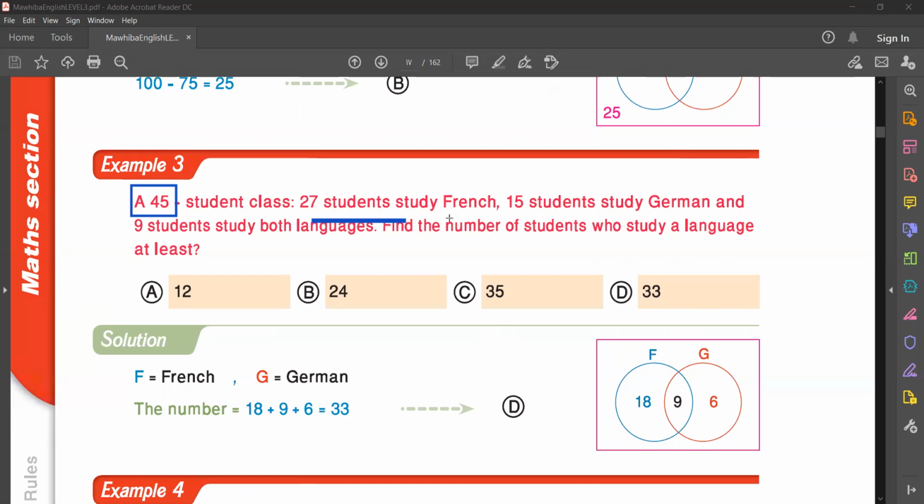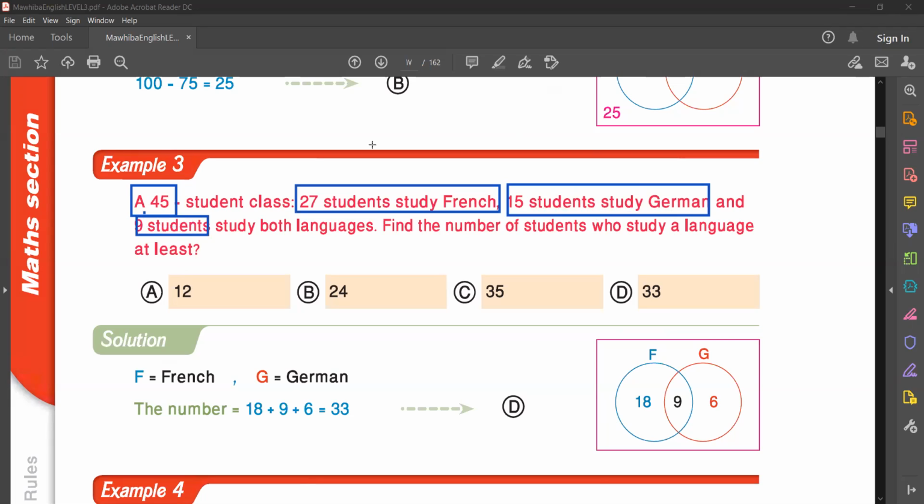27 students study French, and 15 students study German also, and 9 students study both languages.